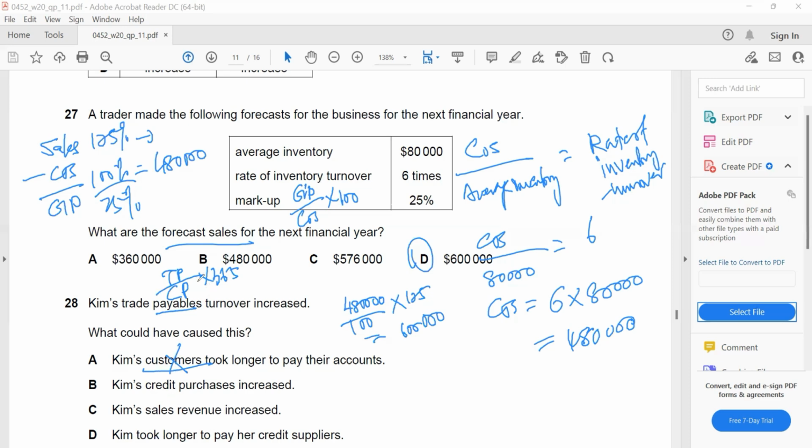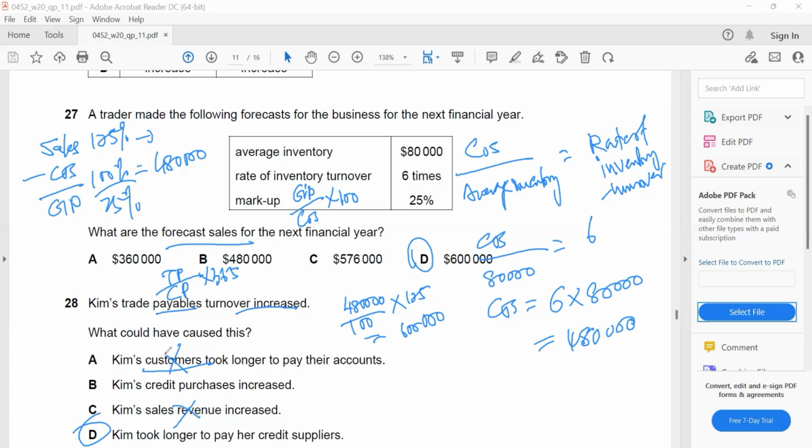When this one increases and this one has no change, then it should decrease. But they say increase. Sales revenue, nothing, so don't take. Kim took longer to pay her credit supplier. When this one is increased, it means that he took a longer time to pay the supplier. So this one should be D.